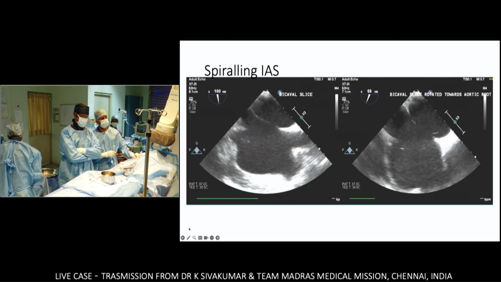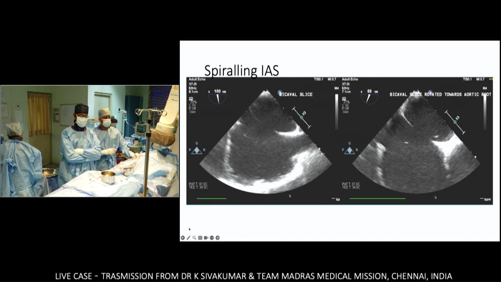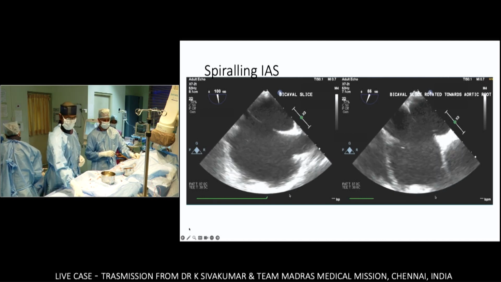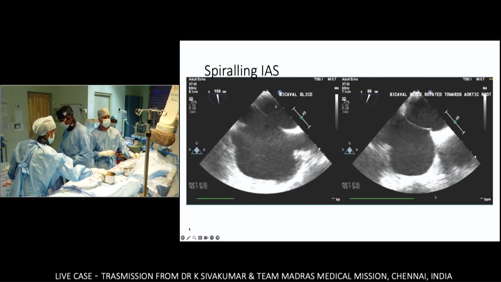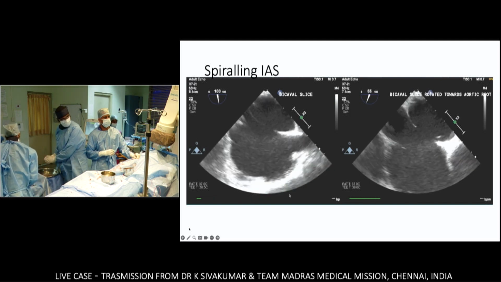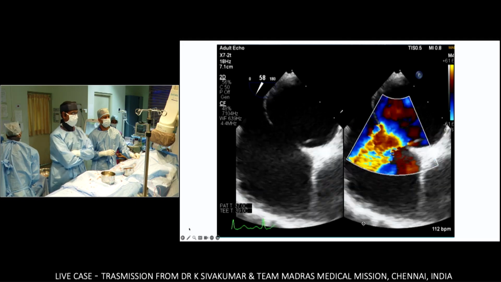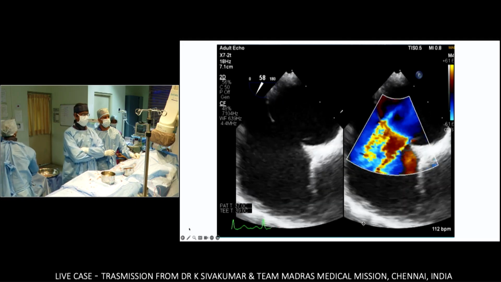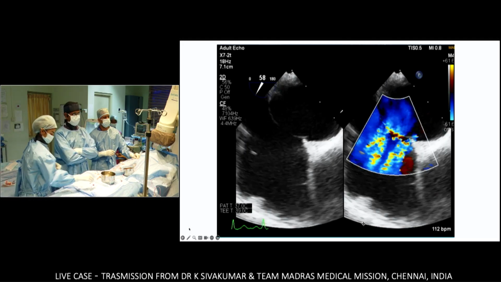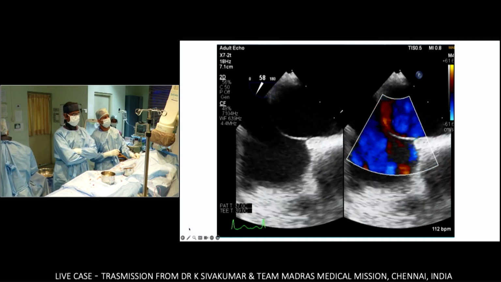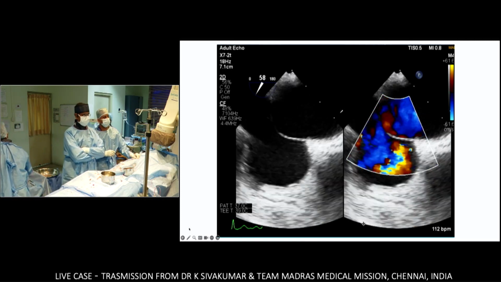When we rotate the probe slightly to the aorta, the deviation of the septum to the left becomes very clear. In this color compare image, we can see that there is an ASD which is shunting left to right, and the septal deviation is also very prominent.